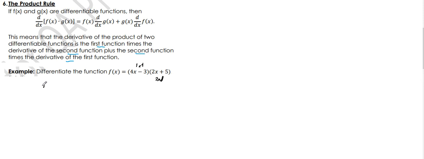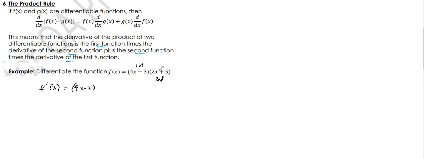Okay? So kung kunin natin ang ating derivative, we have f prime of x is equal to, again, kunin muna natin yung first. Copy natin yung first. So the first is 4x minus 3. And then, we get the derivative of the second. So, kunin natin yung derivative nito.